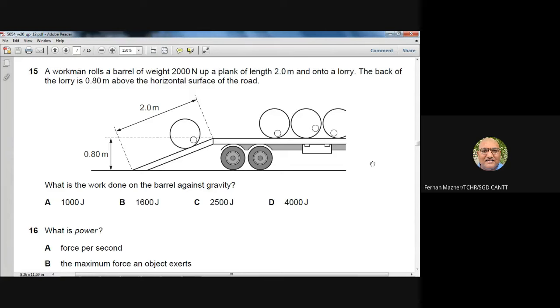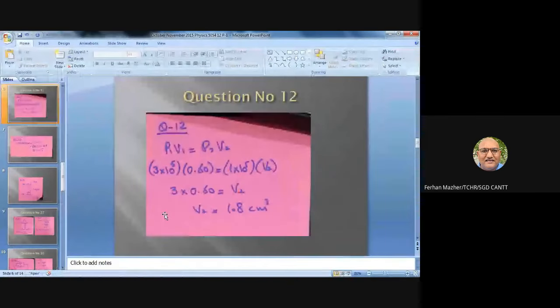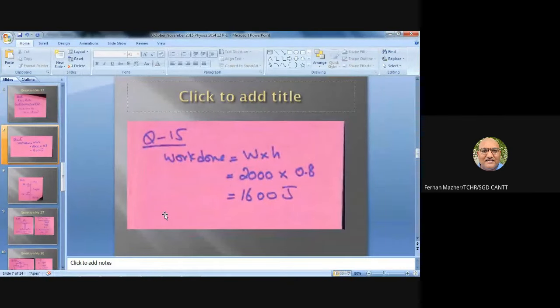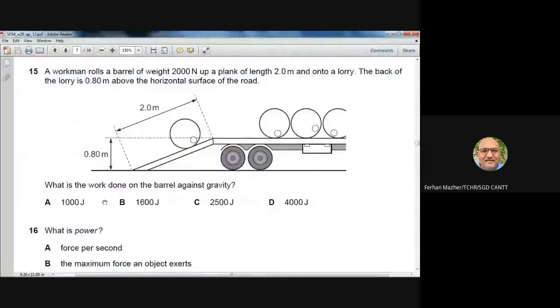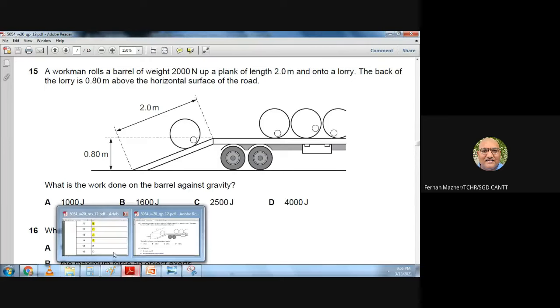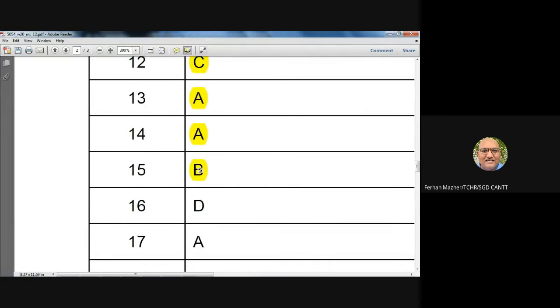Weight is 2000 and the height, meaning the vertical height, is 0.8, so 1600 joules. So the answer will be 1600 joules. To me, B looks the right option. 1600 joules, B looks the right answer.